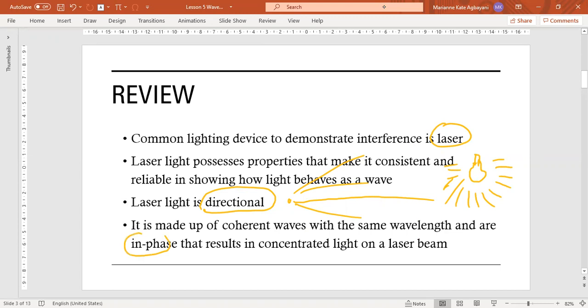So take note, it is in phase. That's why it is constructive. Our laser light is constructive interference.